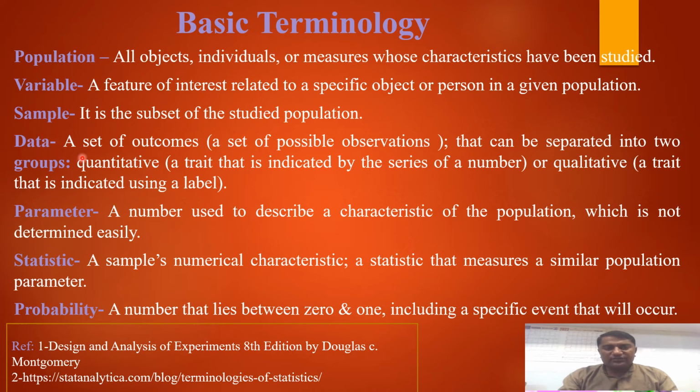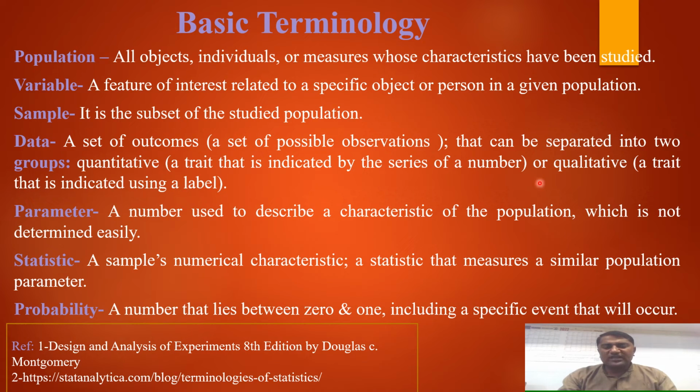How can you define the data? A set of outcomes, a set of possible observations that can be separated into two groups. And next are the groups. Quantitative is a trait indicated by a series of numbers, or qualitative is a trait indicated using just a label.